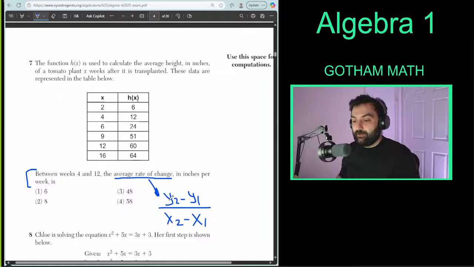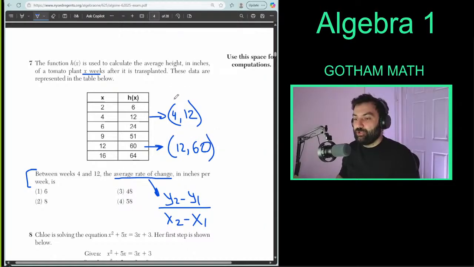So where do I get those? Where are y2 and y1? Well, they told me week 4. Week 4 is here. So we're going to write 4 comma 12 as a point, and then we're going to write 12 and 60 as a point.